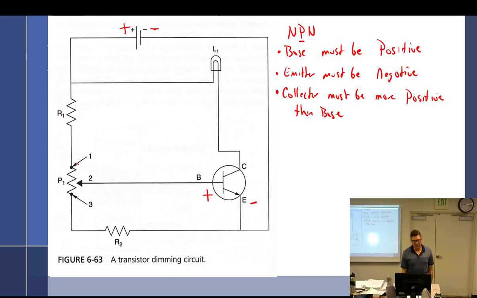And so that is where we get these biasing resistors. And what are they doing? Well, they're knocking some of the voltage down here so that the collector is more positive than the base. So then it works. P sub 1 is a potentiometer.